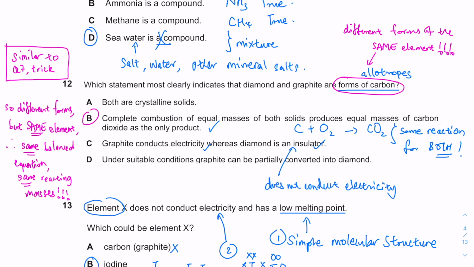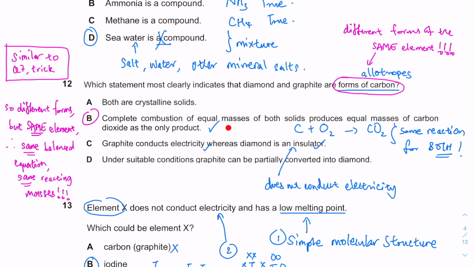And I think previously I put down C as the answer, which is similar to my mistake in the last question 7. C is what seemed obvious because it's a different property. However, that is a result of structure and does not show that they are just different forms of the same element.